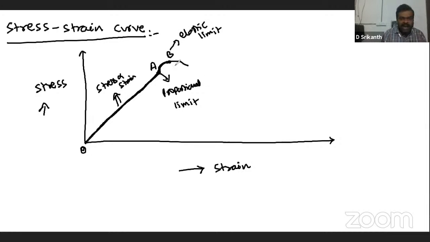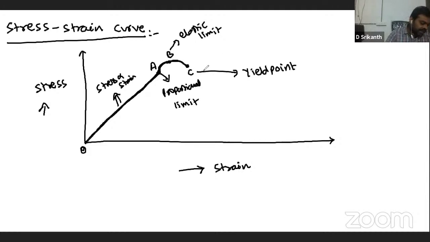After the elastic limit, if I still increase the force, then what will happen? The point at which the object changes its shape can be called the yield point.